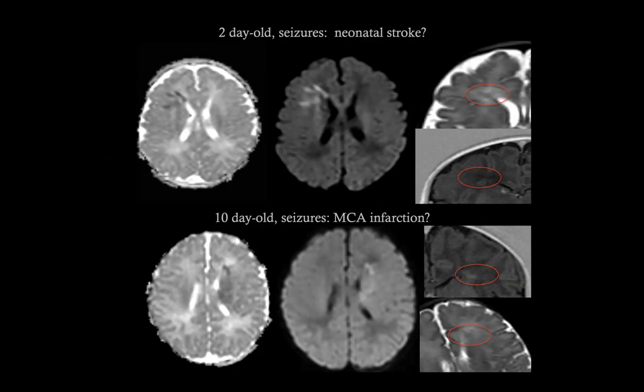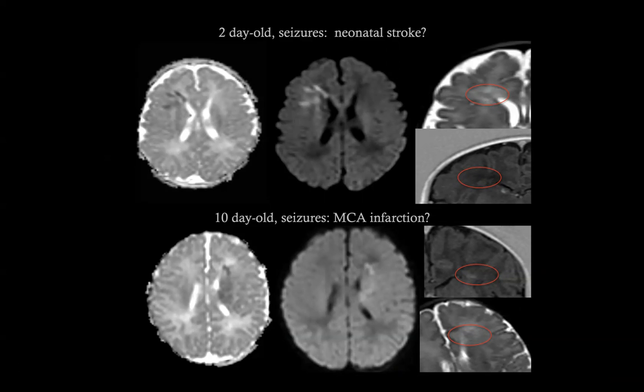Both of them were labeled as neonatal stroke on the grounds of these areas of diffusion restriction, one on the right, one on the left, interpreted as diffusion restriction in the territory of the middle cerebral artery. But you can see that this diffusion restriction has actually a linear shape that is confirmed on T2 as an area of hypointensity.